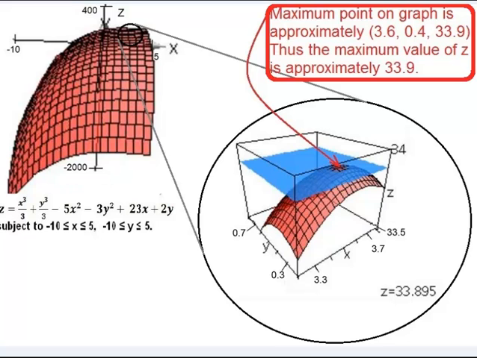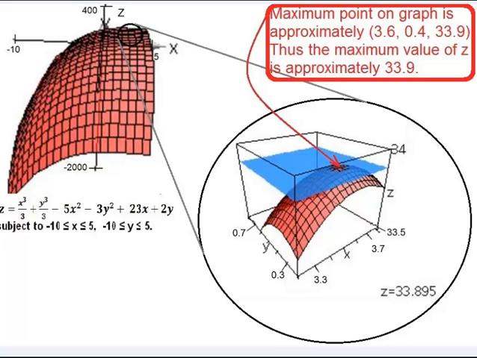Secondly, we did a lot of zooming in to eventually arrive at our maximum point prediction of this graph, and we used the assistance of that tracing horizontal plane to slice through our graph until we saw ourselves being just about tangential to the graph. And there's our final answer, where our maximum value of z is approximately 33.9.